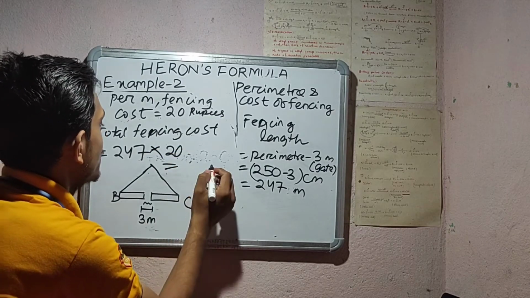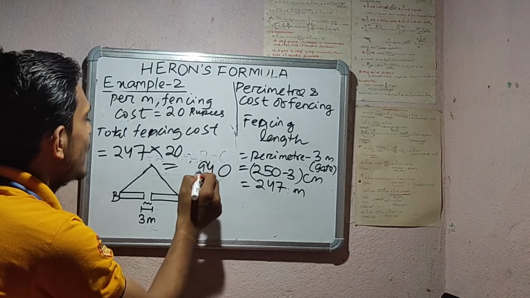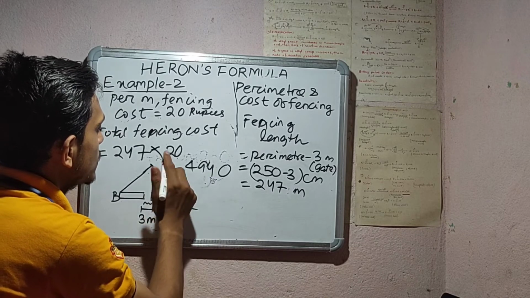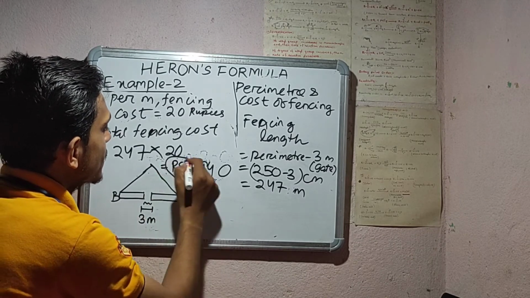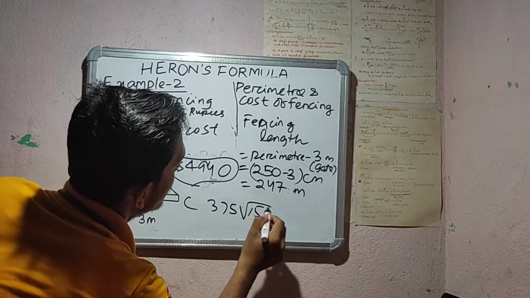That is 0, 2 7s are 14, carry 1, 9. So this is your cost of fencing. The area is 375.15 meter square.